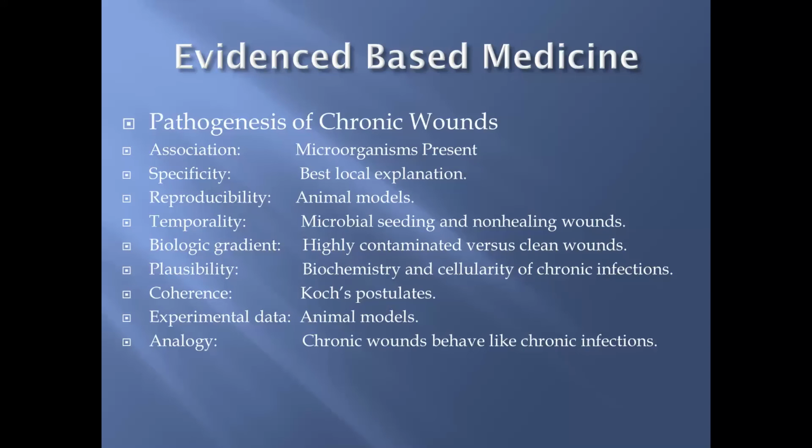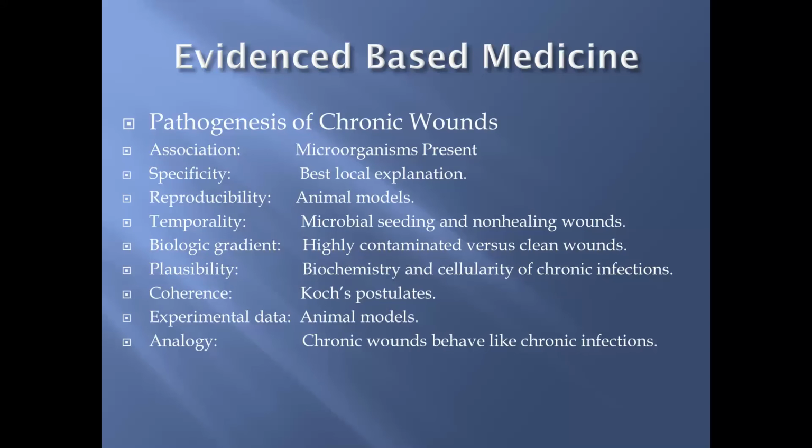Experimental data, animal models, laboratory in vitro models, cell culture models, all suggest that bacteria, sort of like we saw in the Kim article, that's a cell culture model, that the bacteria can produce these colonizing effects, what Kim called it, or biofilm effects, which we would call chronic infections.